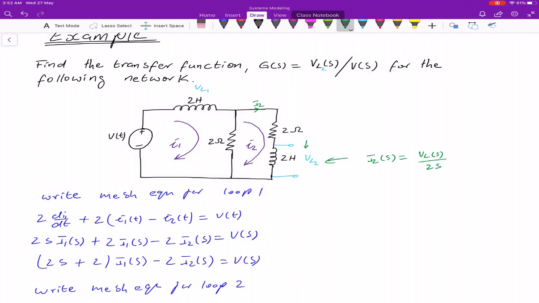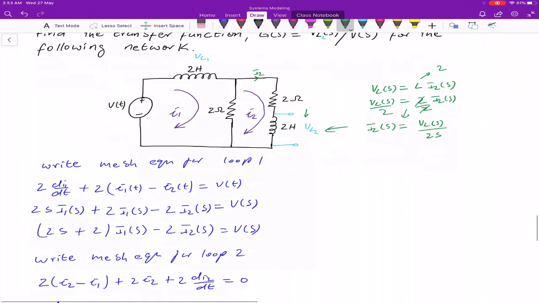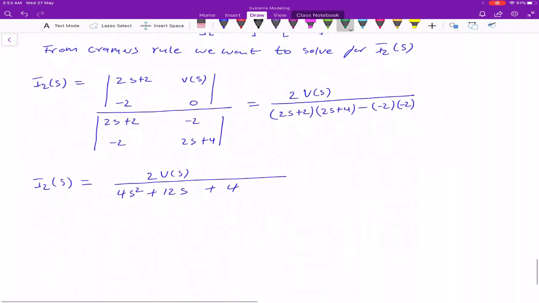We know that your VL of S is equal to L I2 of S. Okay, and we know that L is equal to 2, so you can say that VLS is equal to 2 I2 of S, and divide that 2 by this will give you this. Okay, so I just substituted the values that we have.